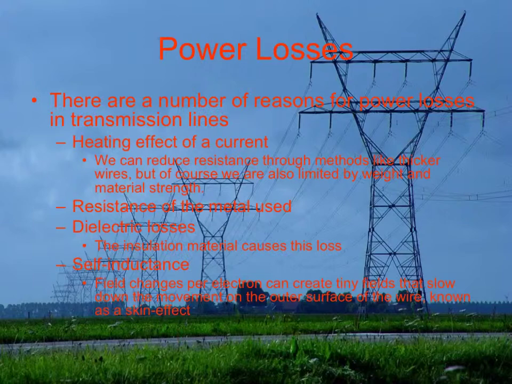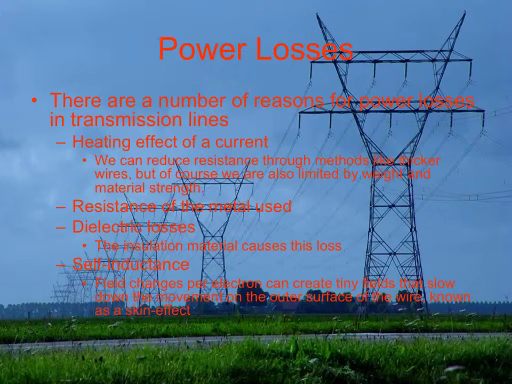As the current passes through the wires, it's going to have a heating effect, and so you're going to lose electrical energy as it gets converted to thermal energy. And that has an effect, but we can minimize it by using thicker wires.